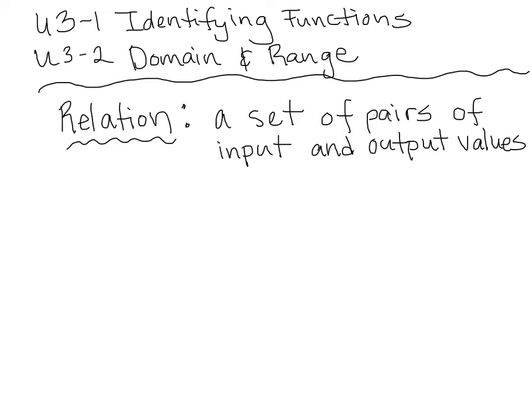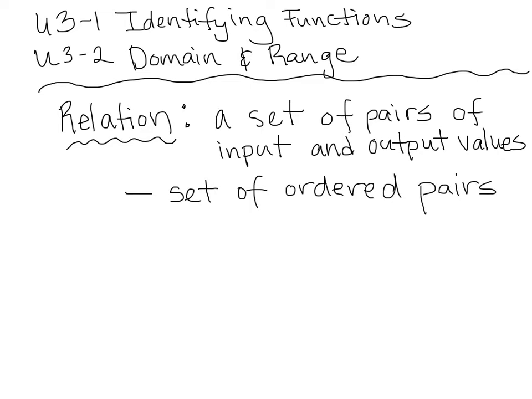And typically, these relations can take on 3 different forms. Okay, so you could have a set of ordered pairs. That's one way to show a relation. So a set of ordered pairs, we'll look at an example in a moment.